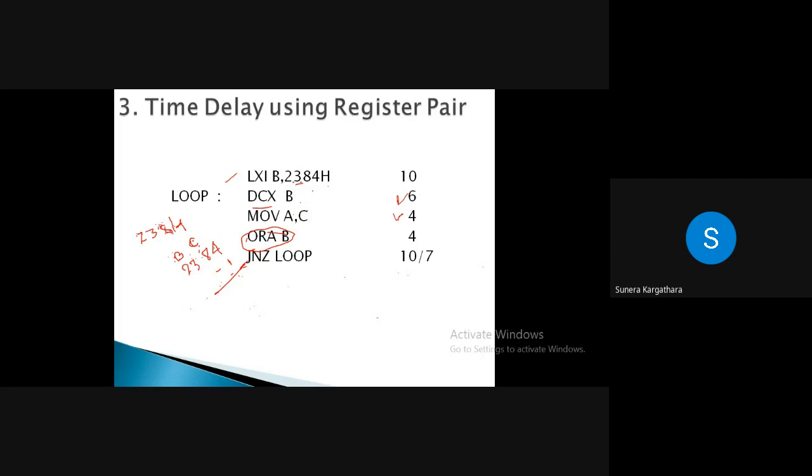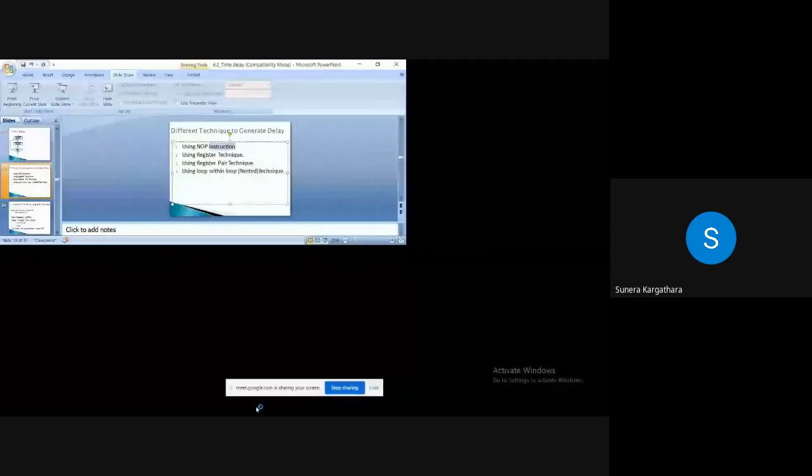C का डेटा A में लेके उसको ORing ऑपरेशन B से करके, if any of the inputs in between B and A will be 1, you will not come out of the loop. So we are making sure कि हमारा पूरा का पूरा register pair will be 0, then only we will come out of the loop. I hope I am communicating, student. Are you getting my discussion, students? Yes, sir.